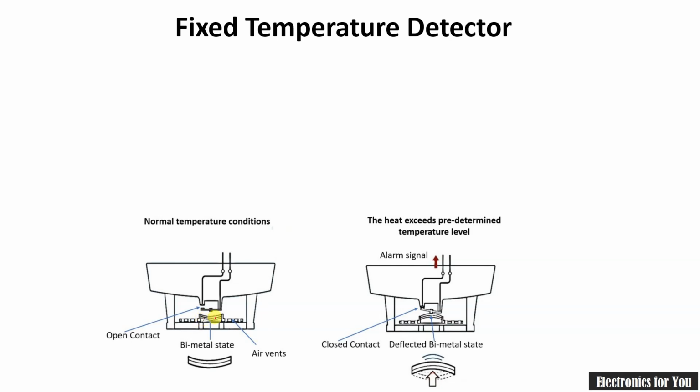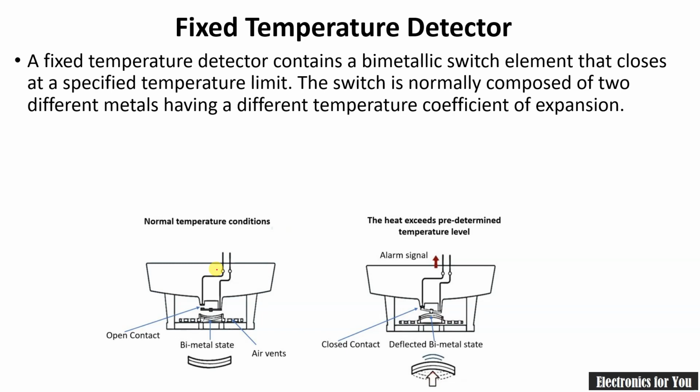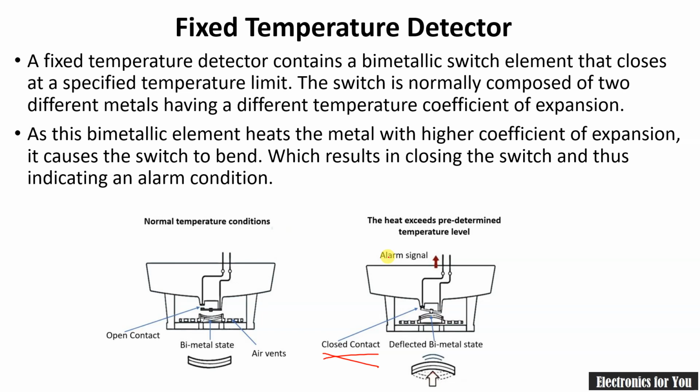In normal condition this contact will remain open and therefore no alarm will be there. When the bimetal strip is exposed to hot air, it will bend, and therefore the contact will be closed, and once this contact is closed, it will give the alarm signal to the control panel. In this way the fixed temperature detector works.